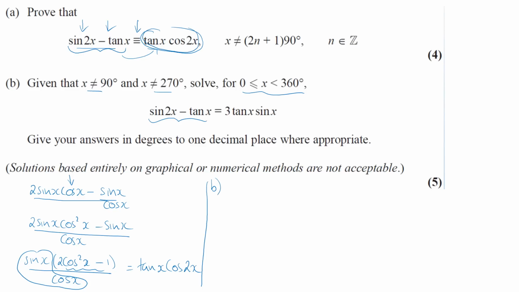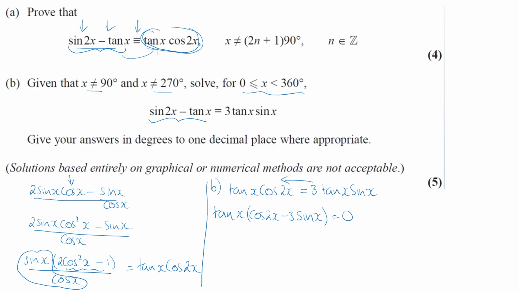So what we need to do is use the right-hand side and say that tan x cos 2x must be the same as 3 tan x sine x. And now we're going to take everything to one side and take tan x out as a common factor. Tan x times cos 2x minus 3 sine x is equal to 0.